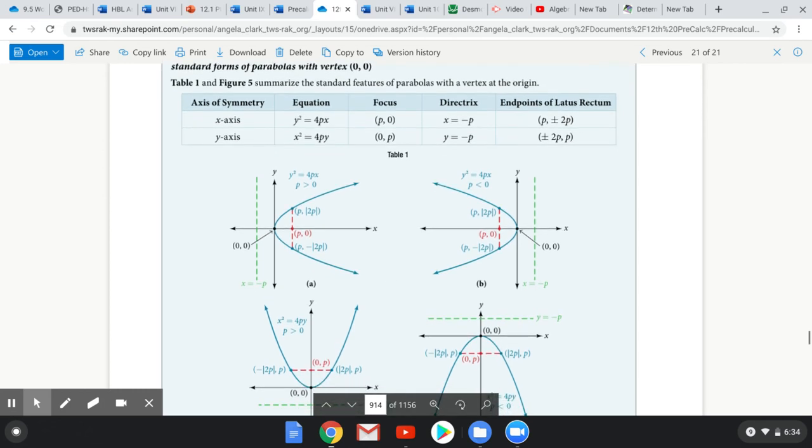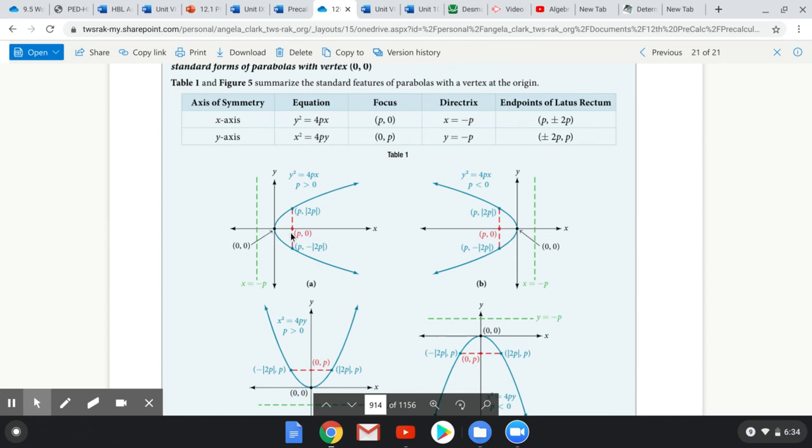Now I want to talk about this distance here. They have it labeled as 2p, which I agree with. But why is it 2p? Well, remember I said the distance from the focus to any point on the parabola is the same as the perpendicular distance from that point to the directrix. Well, here at this point, let's see how far we are from the directrix.